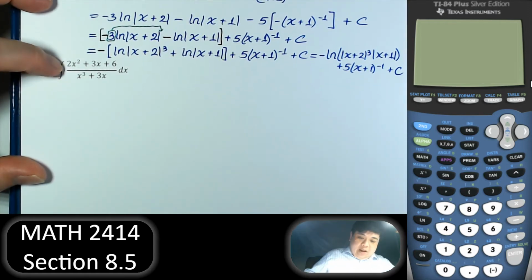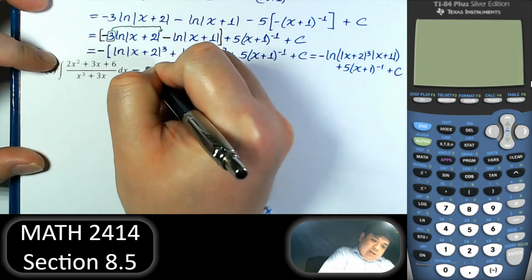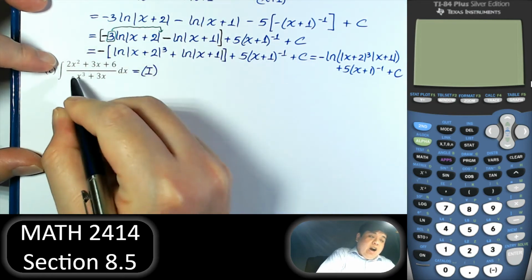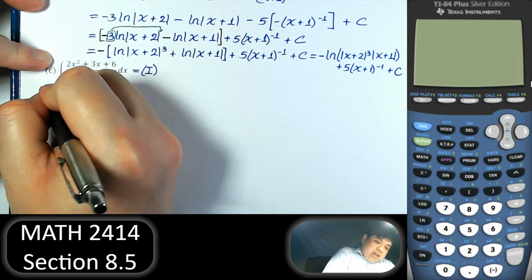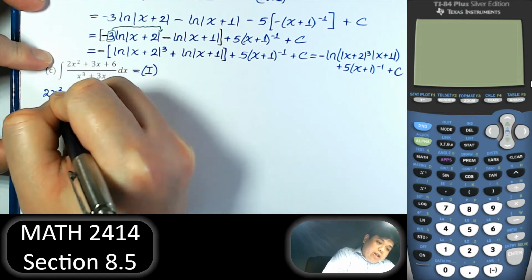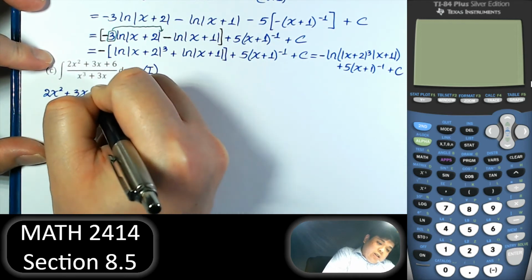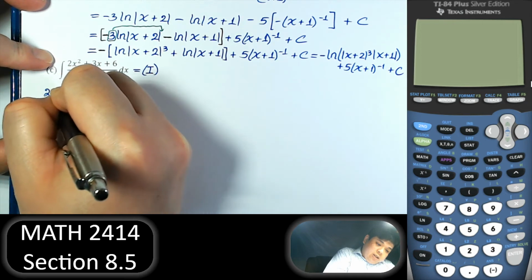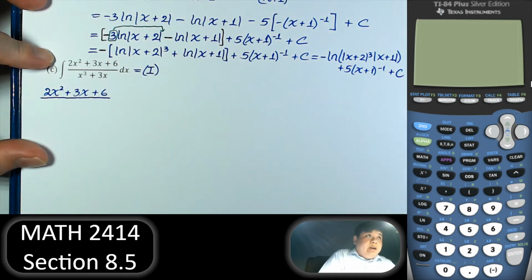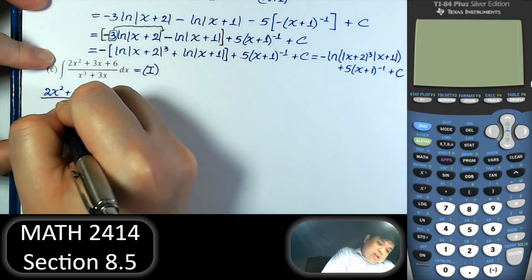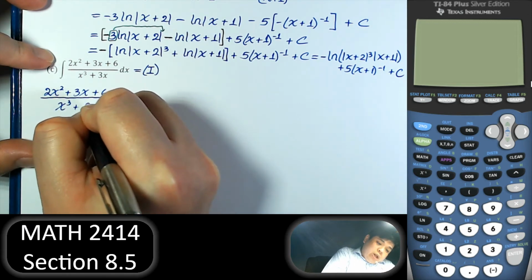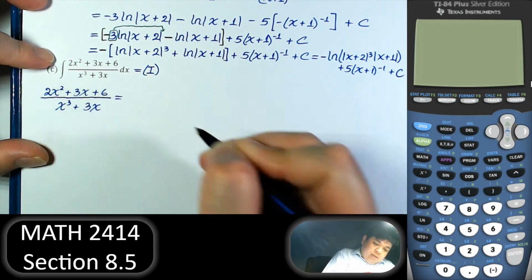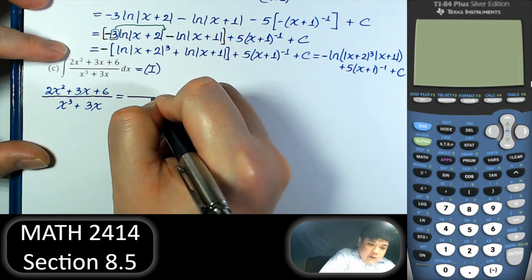Right, first we have this one. First, let's decompose the fraction here: x squared plus 3x plus 6 over x cubed plus 3x. We can factor out an x.